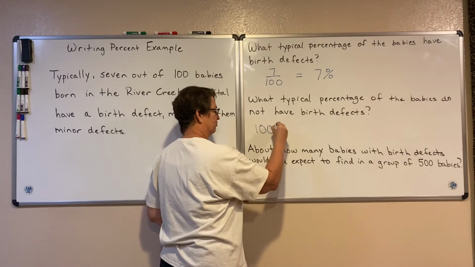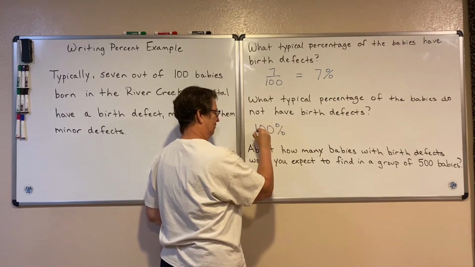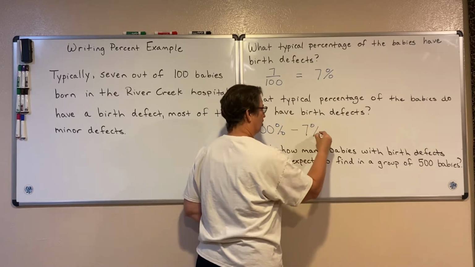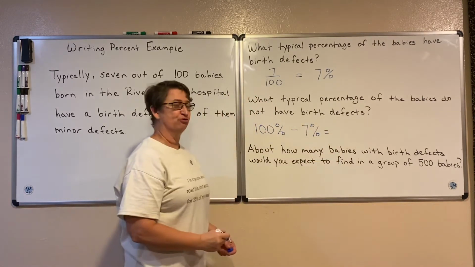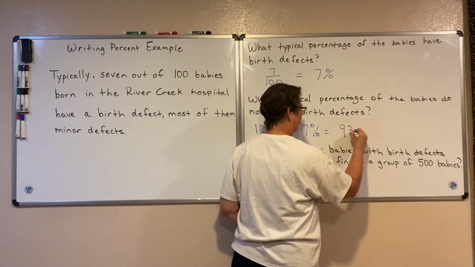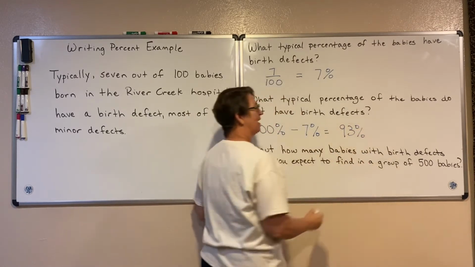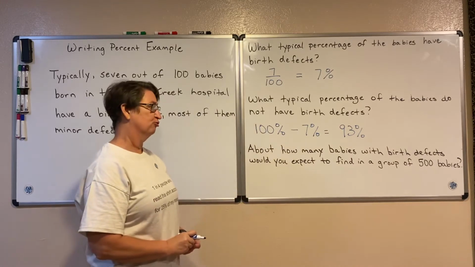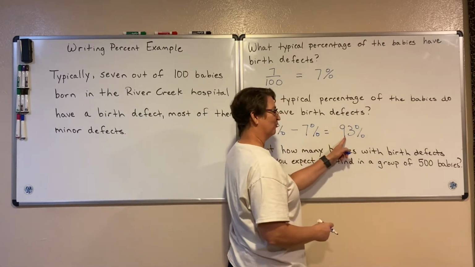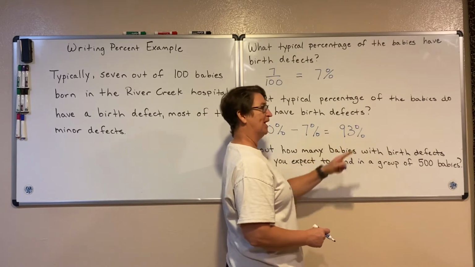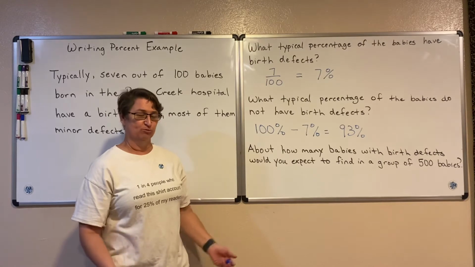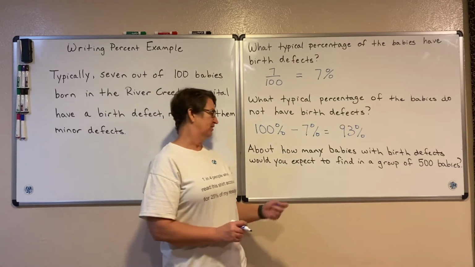The 100% makes up all of the babies, minus 7% are the ones that have birth defects, and that equals a total of 93% of the babies do not have a birth defect. And remember what that means is 93 out of the 100 babies. So if we have 100 babies, then 93 of them we would expect not to have birth defects.